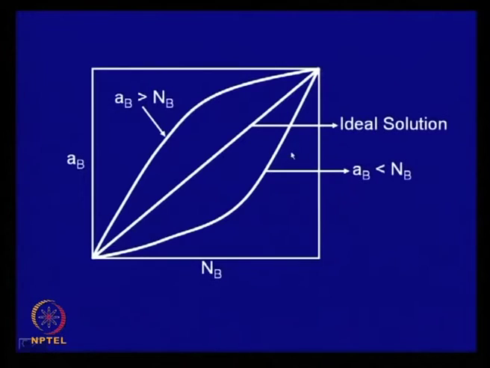If you go back, this is what is happening. In one case you have more like atoms than actual. This should have been the atom fraction B, but actually you have a larger atom fraction of B surrounding a B atom, whereas in the other extreme case you have a smaller atom fraction of B surrounding a B atom.